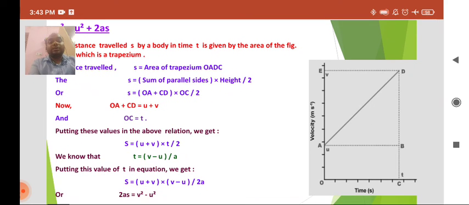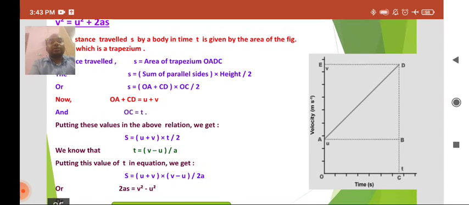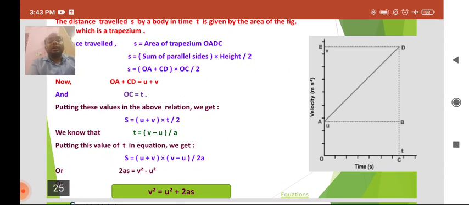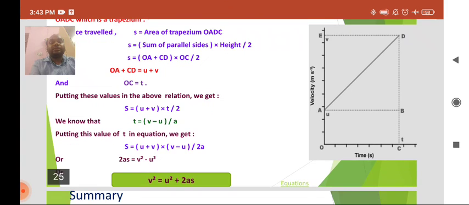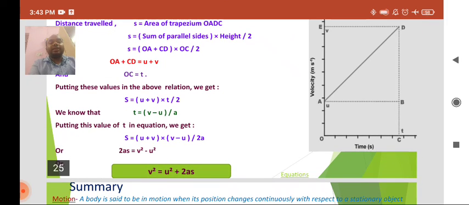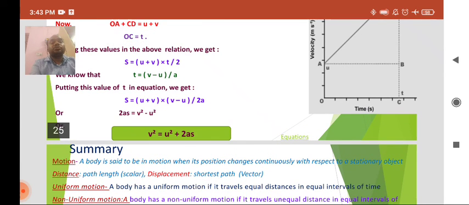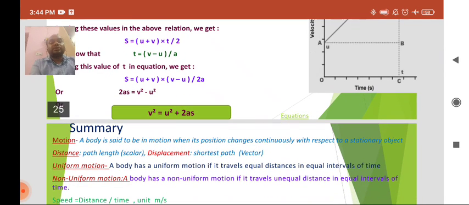Now OA plus CD equals u plus v according to the figure, and OC equals t. Putting in these values, we get s equals (u plus v) into t by 2. We know that t equals (v minus u) upon a from the first equation. Putting the value of t, s equals (u plus v) into (v minus u) upon 2a, so 2as equals v square minus u square. In other words, v square equals u square plus 2as. This is the third motion equation.